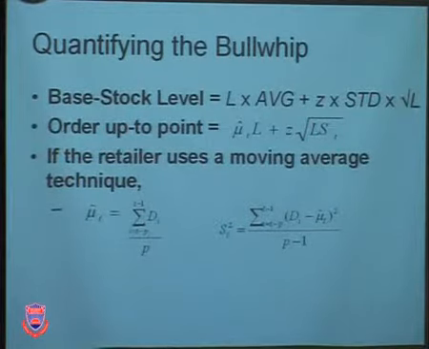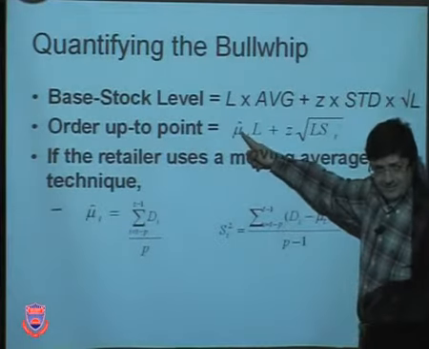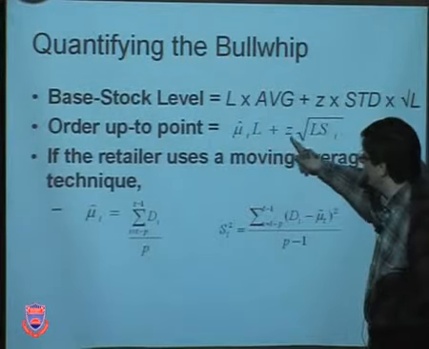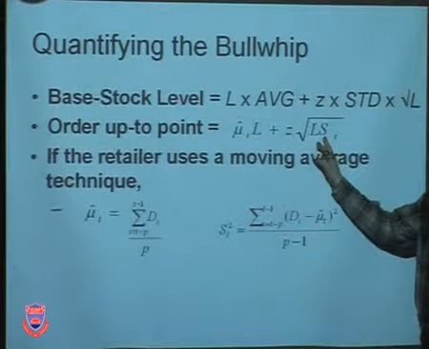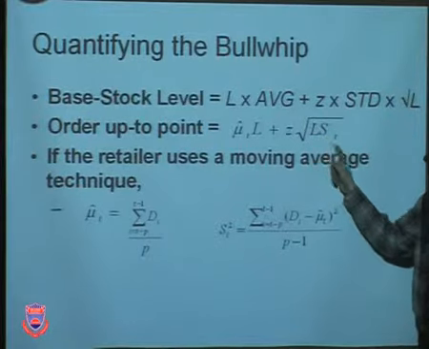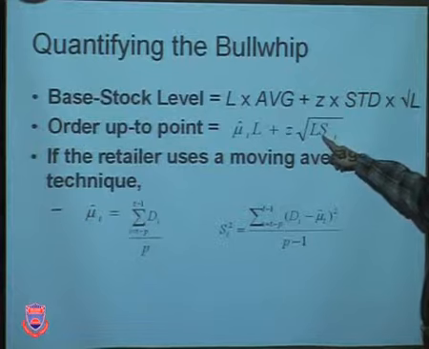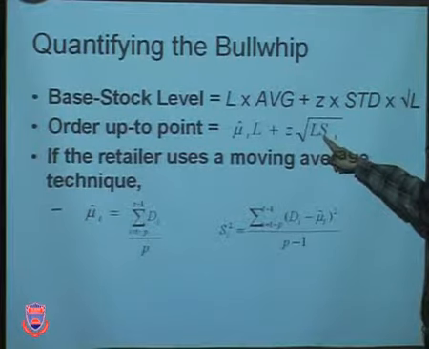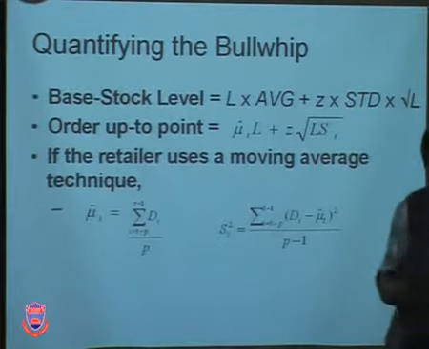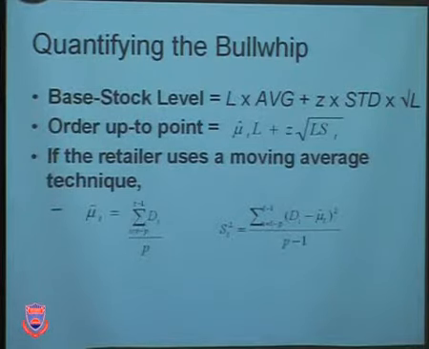Okay, so the order up to point is going to be simply the forecast of demand, L, plus the estimate of the standard deviation of demand. So this should be out of the square root. I simply picked this up from the site that they give us, so there are some mistakes.